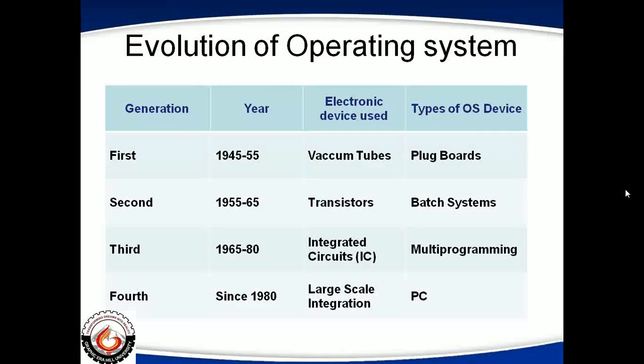Under the fourth generation, the duration starts from 1980s till now, and the devices used are large scale integration, and the type of operating system is personal computer operating system. These are the evolution of operating systems.